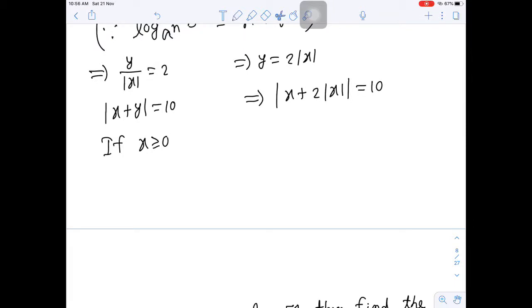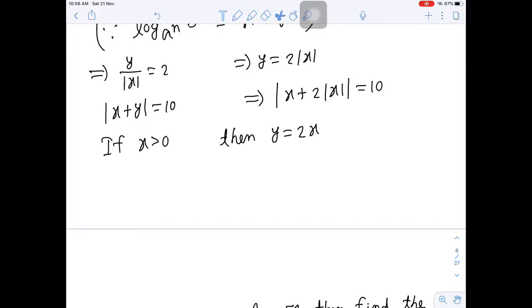So if we take x greater than 0, then y would be nothing but 2x according to this. So absolute value of x will be x, so y would be 2x.